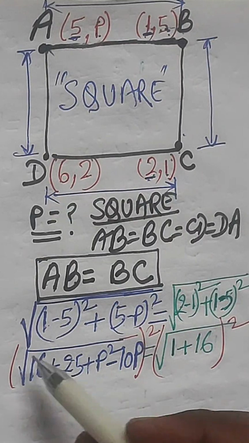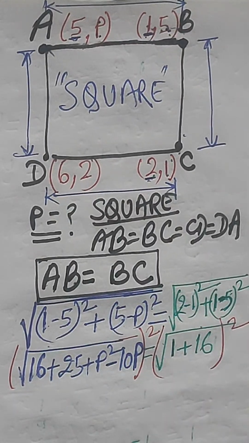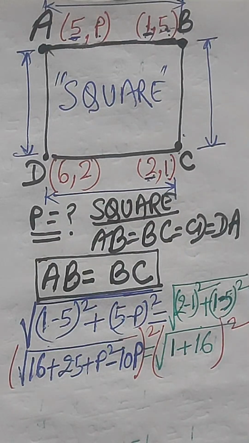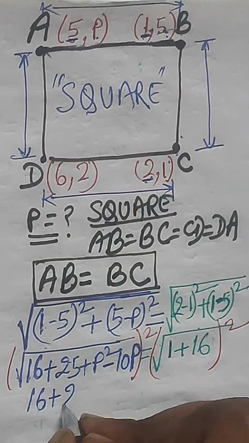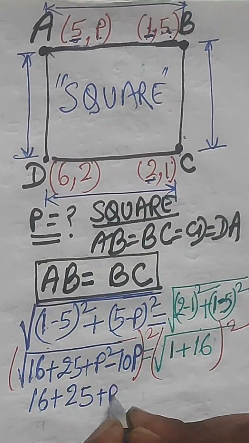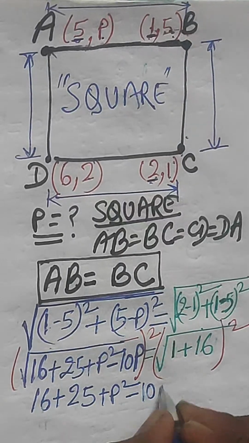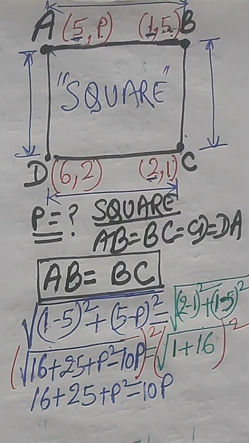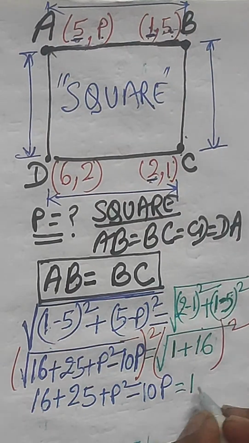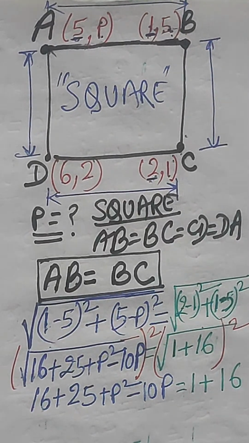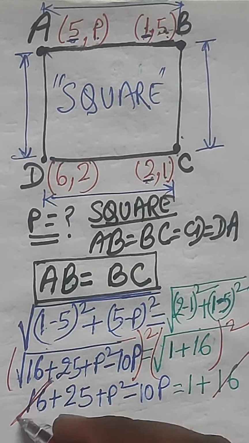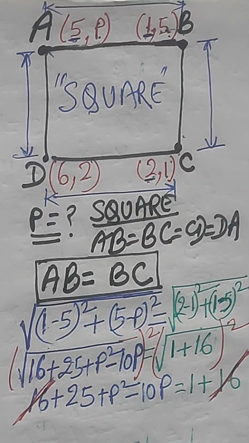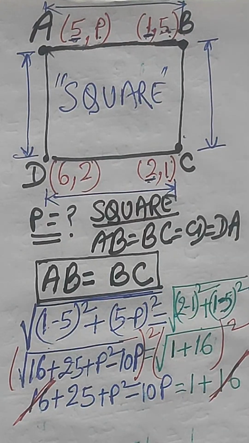What is the benefit? The square root will be eliminated, and on the LHS we will be having 16 plus 25 plus p square minus 10p, right, and this is equal to 1 plus 16. So here you can see 16 and 16 can be cancelled out, because this is present in both the LHS and RHS, right.